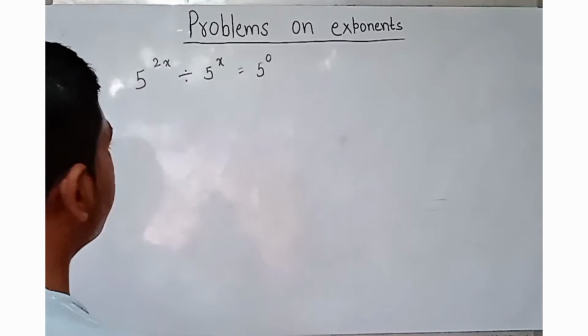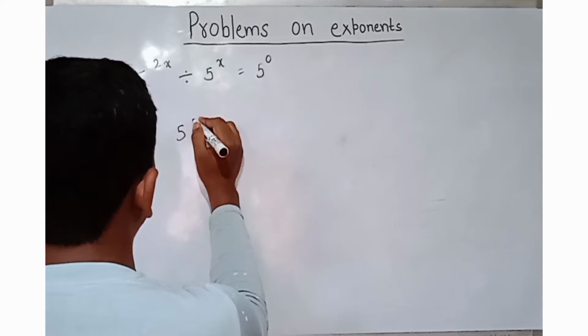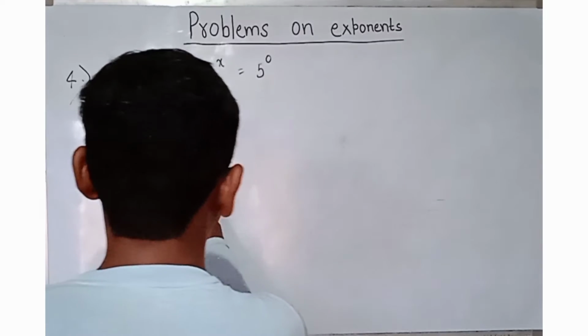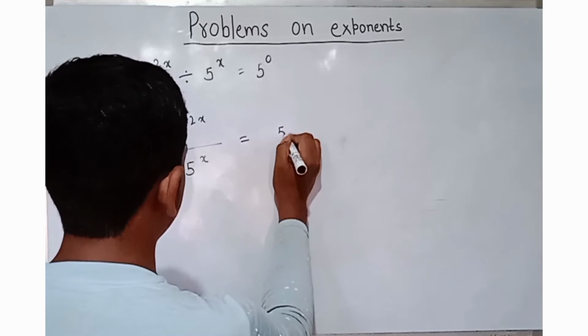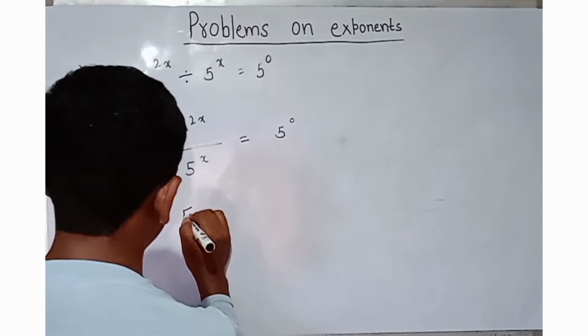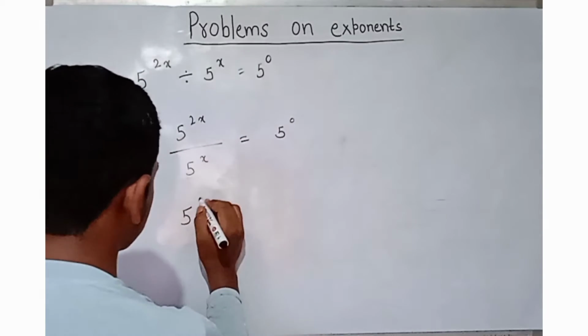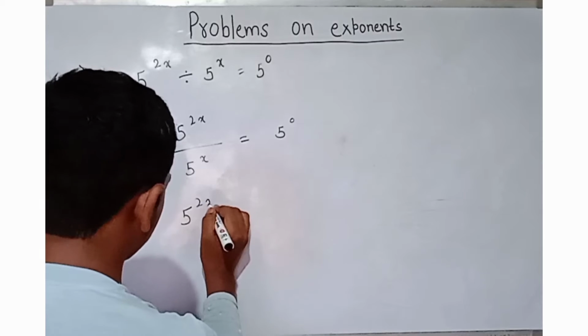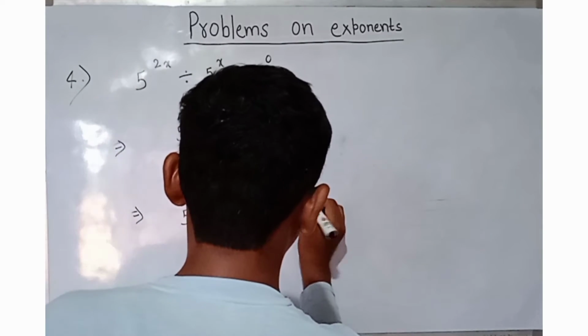So 5^2x divided by 5^x is equal to 5^0. Since it is division, the powers subtract, so it will be 2x minus x. Power 2x minus x is equal to 5 power 0.